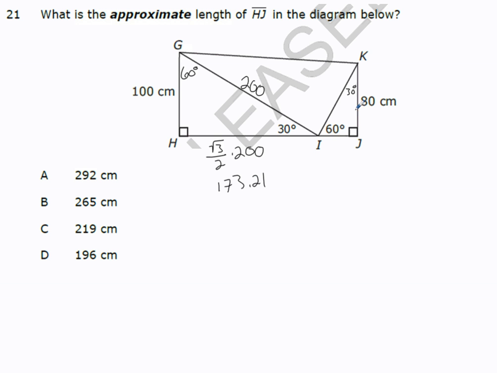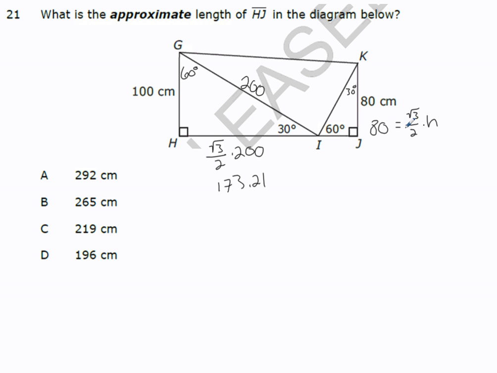So once again, this side is opposite to 60, so to find the hypotenuse, this side right here was the square root of 3 divided by 2 times the hypotenuse. Okay, so that means, I wrote my equation wrong, sorry. That means that 80 is equal to the square root of 3 over 2 times the hypotenuse.